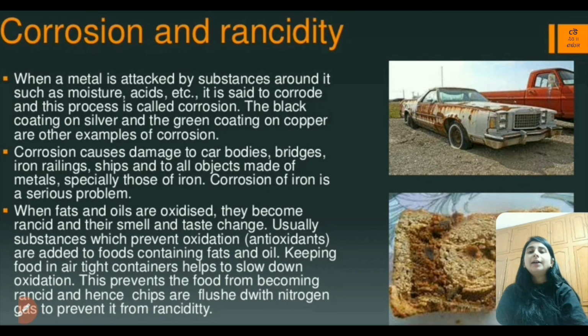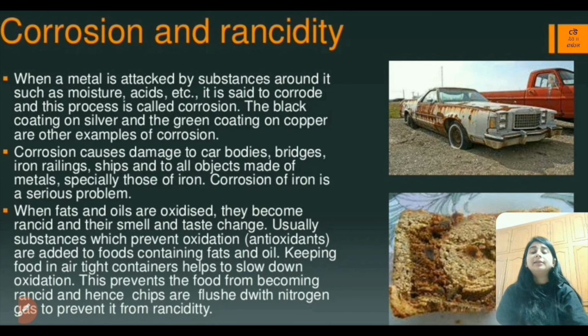The black coating on silver and the green coating on copper are very good examples of corrosion. Moving on to the next statement, corrosion causes damage to car bodies, bridges, iron railings, ships, and all the objects that are made of metal, especially those of iron.